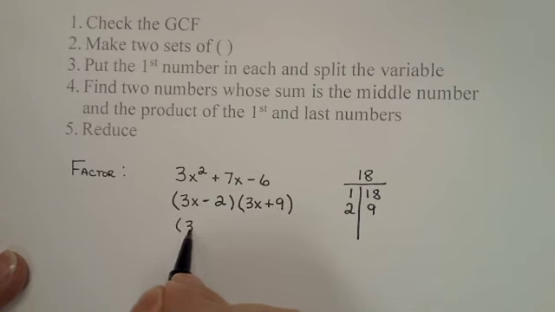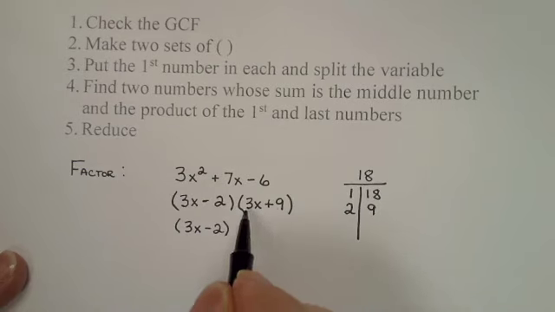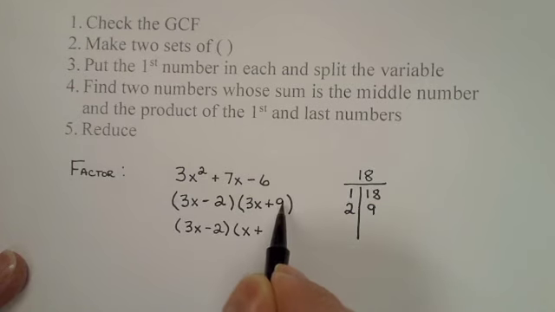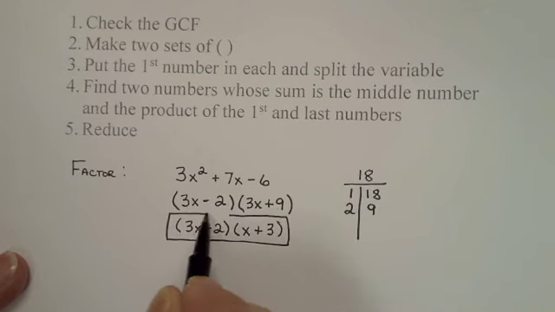No. So I keep that one the way it is. The second one, is there a number that will go into 3 and 9? Yes. 3 will go into both of those. That means I divide both the first one and the second one by 3. 3x divided by 3 is x, plus 9 divided by 3 is 3. There's that trinomial factored right there.